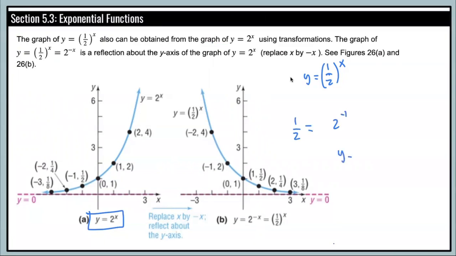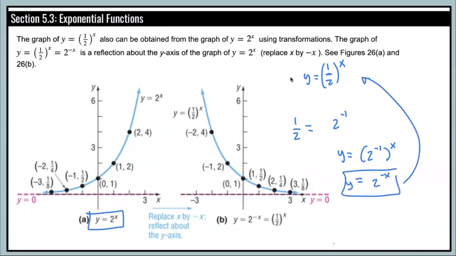And using the rules of exponents, (2 to the -1) to the power of x becomes 2 to the -x, right? So this is a reflection about the y-axis, right? So instead of having to remember how to do it, you just do a reflection across the y-axis. And it's going to become decreasing instead. Well, you'll have time in class to practice it, so don't worry if you don't get this too much, okay?